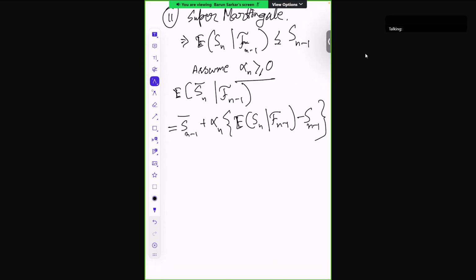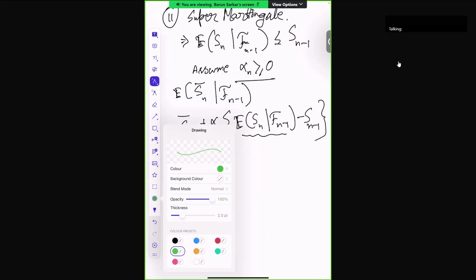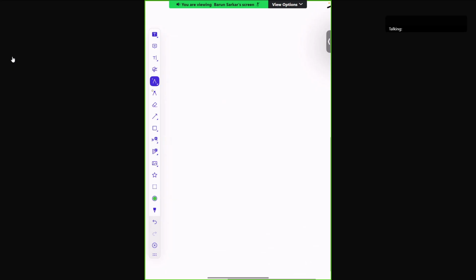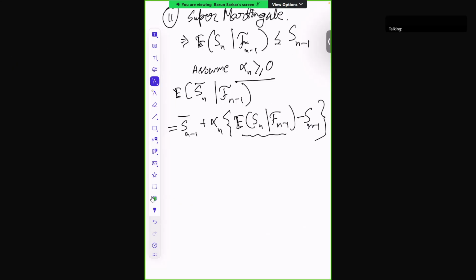Now for the supermartingale, this part is less than or equal to Sn minus 1, and alpha n is greater than 0.